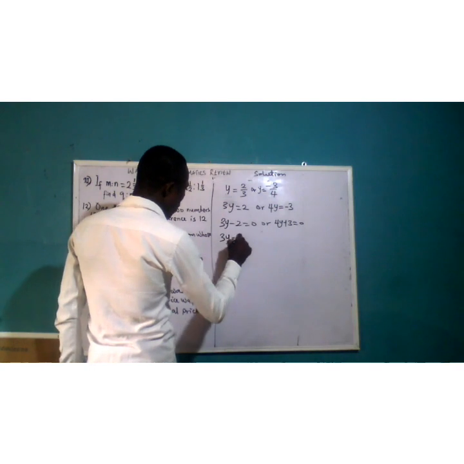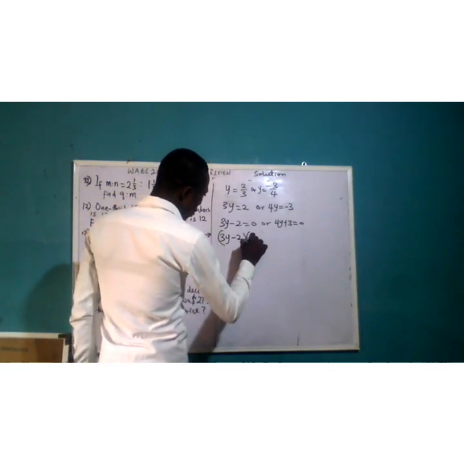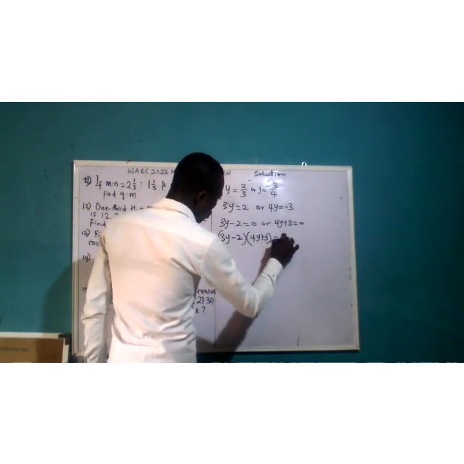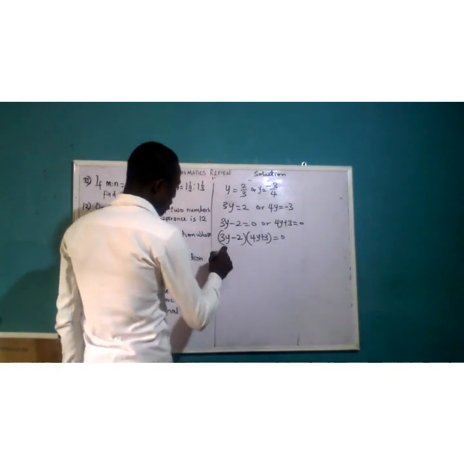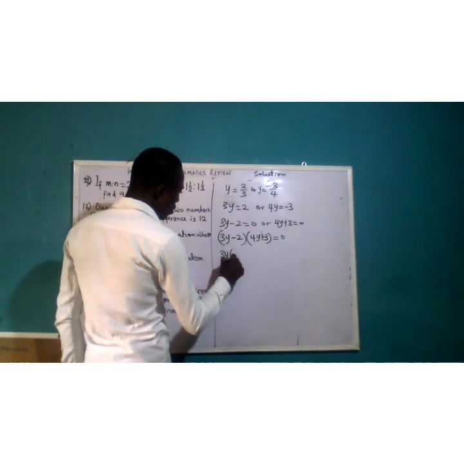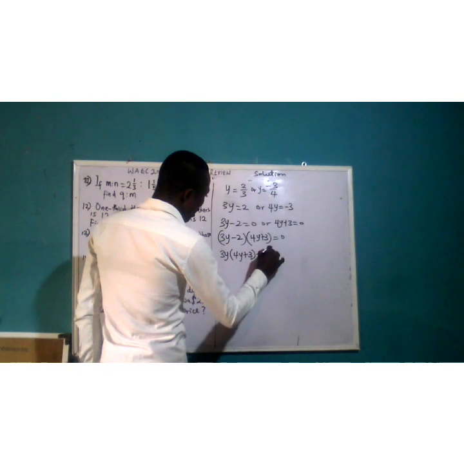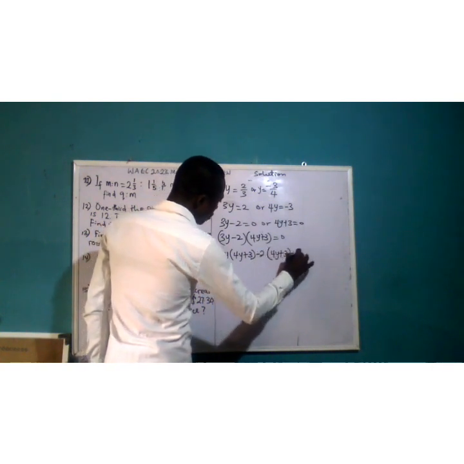So you have (3y minus 2)(4y plus 3) equal to 0. By way of clearing the bracket, you distribute 3y over 4y plus 3, then minus 2 distributed over 4y plus 3, equal to 0.